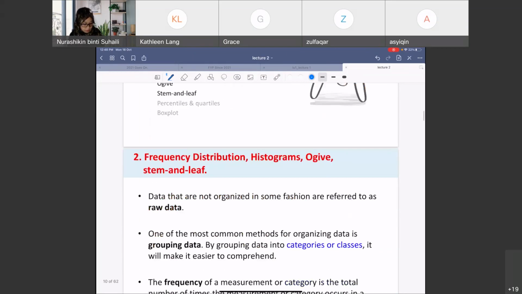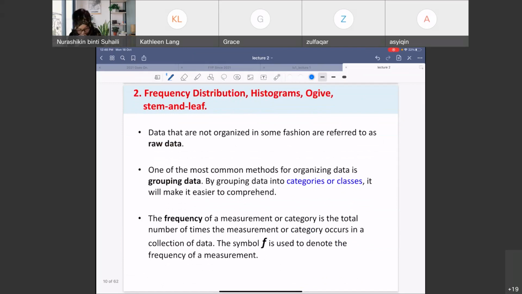Okay, frequency distribution. I talked about raw data just now. It's the data that you got directly from your data collection process, right? So the second step is you organize the data. When you organize the data, you also group your data.